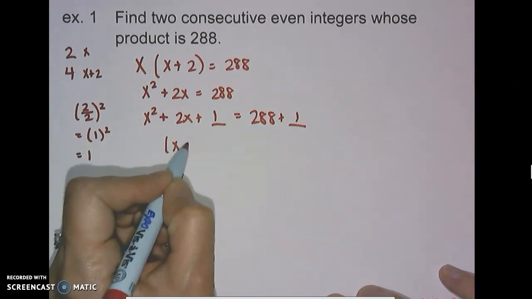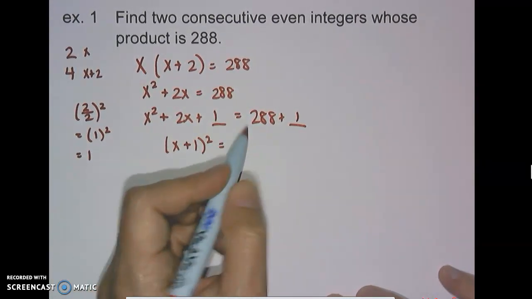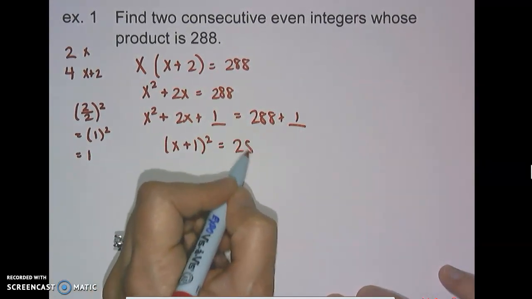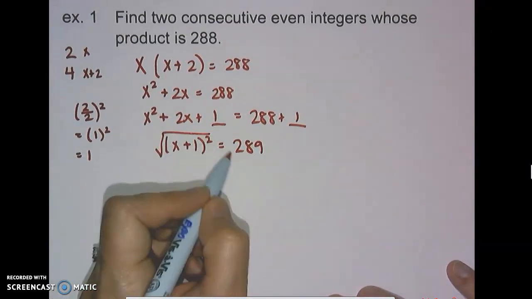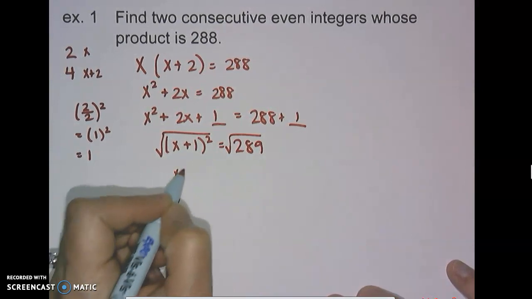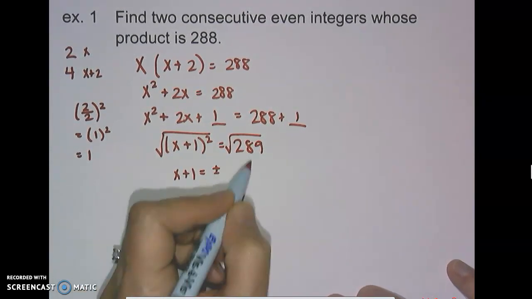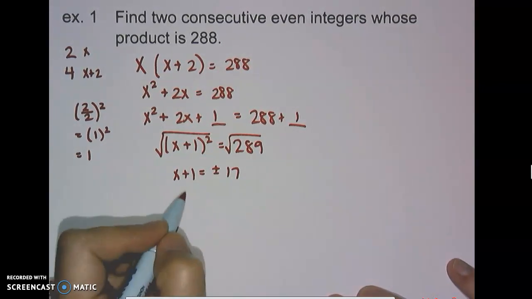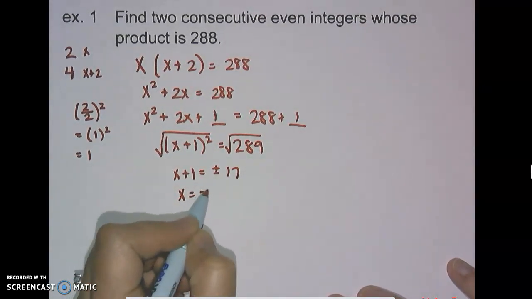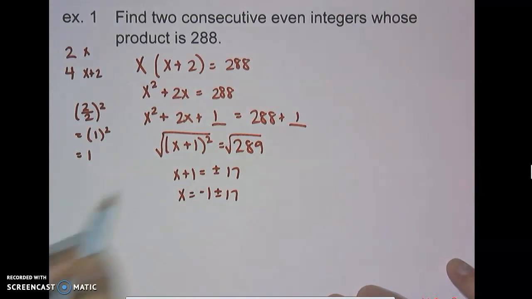Factoring the left-hand side, we get x plus 1 squared equals 289. Next step is to take the square root on both sides. So x plus 1 equals plus or minus the square root of 289, which is 17. And then to get x by itself, we would have to subtract 1, so negative 1 plus or minus 17 gives us our two integers.